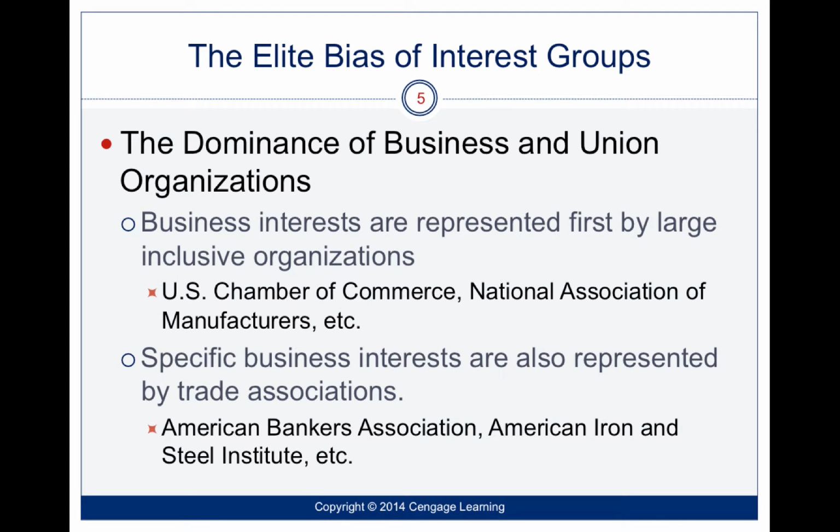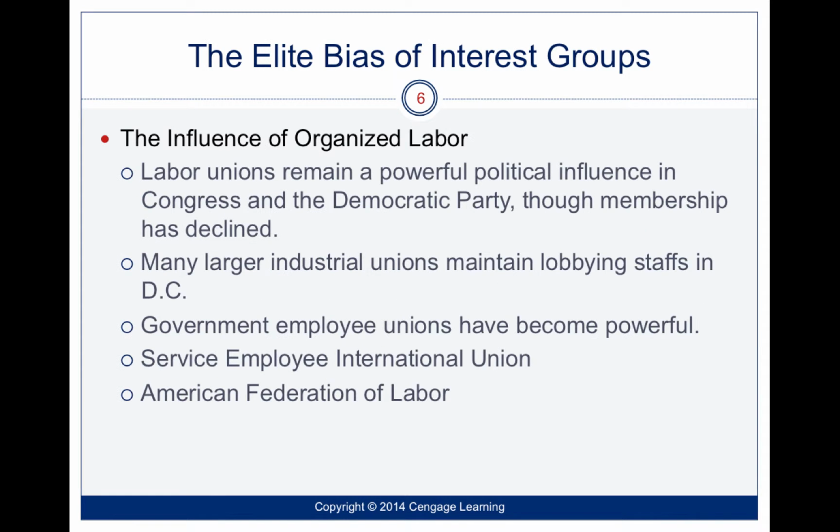If we look at business and union organizations that exist here, we could talk about the Chamber of Commerce, the National Association of Manufacturers, the American Bankers Association, and the American Iron and Steel Institute. Organized labor also has a strong influence. The organized labor movement has really gained ground with the Democratic Party and is very much part of the efforts of funding campaigns for the Democratic Party.